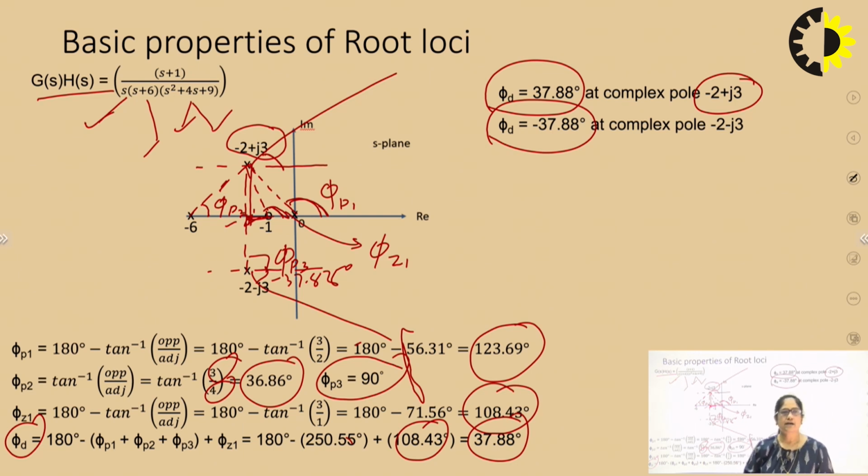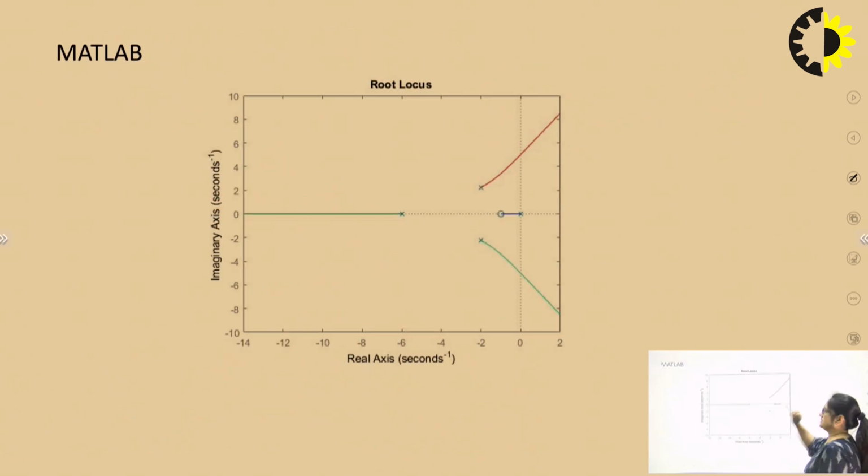For your reference, I have taken the MATLAB output also to show you. This is the MATLAB output. The pole at the origin starts at the origin and ends at the open loop zero, whereas this root locus is going towards infinity at an angle of 180 degrees.